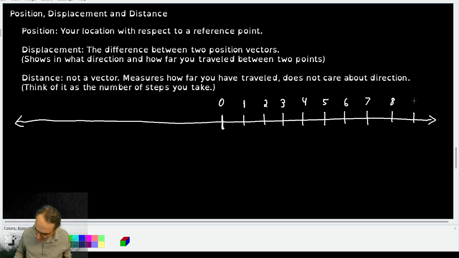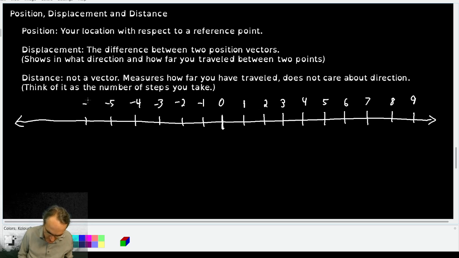Imagine that these are uniformly spaced. And 9. Then on the other side we'll have -1, -2, -3, -4. I don't care if this comes out symmetric or not. So -6, -7. We'll throw not quite that far out. -8.